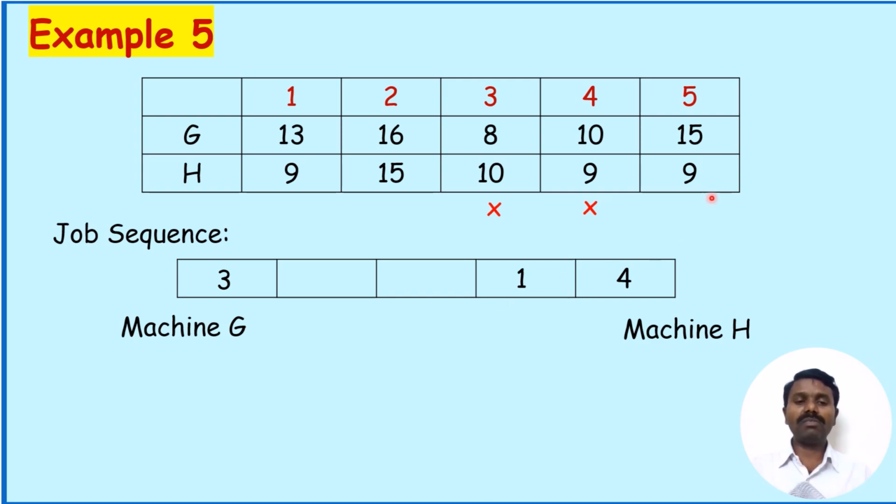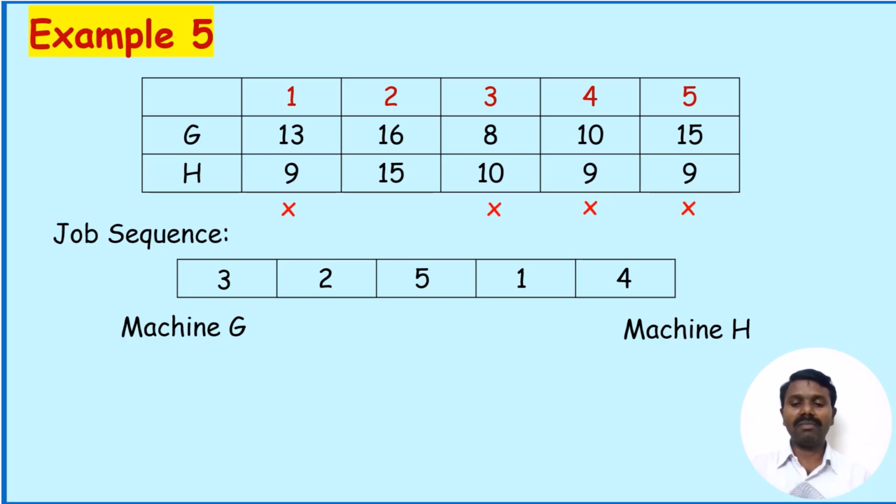Then the next smallest value is 9 again, here with 15, which belongs to H, so we schedule that at the middle block, and the left out order is only 2, which we schedule at position 2. Now we have the job sequence: 3 2 5 1 4. If you follow the job sequencing in this order, you will get the elapsed time.